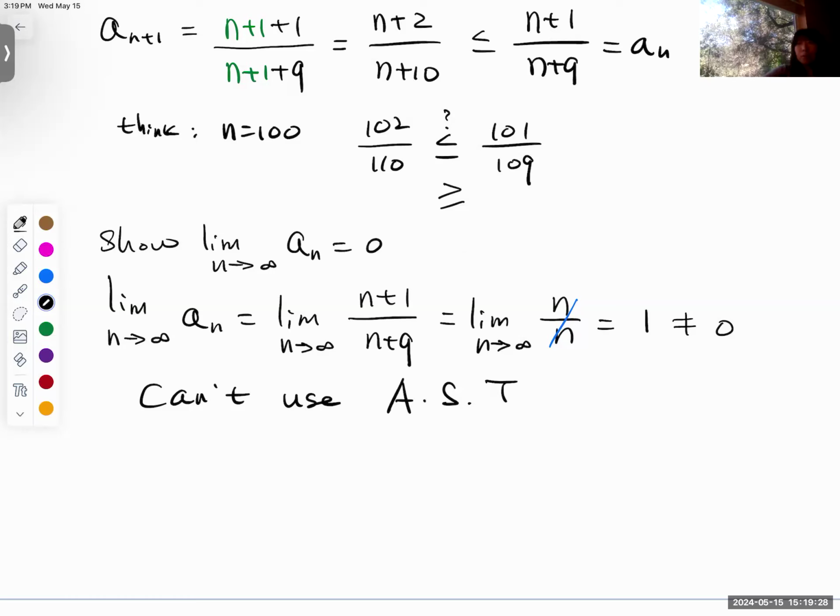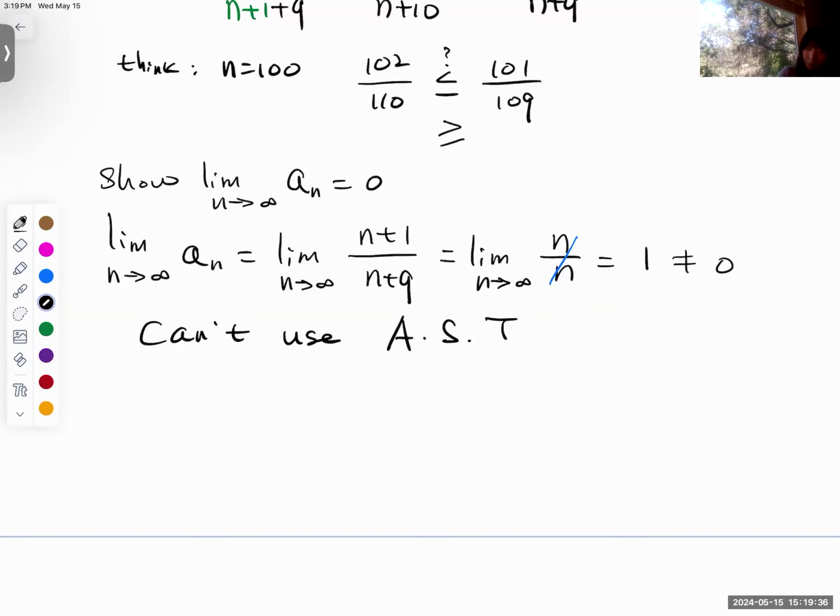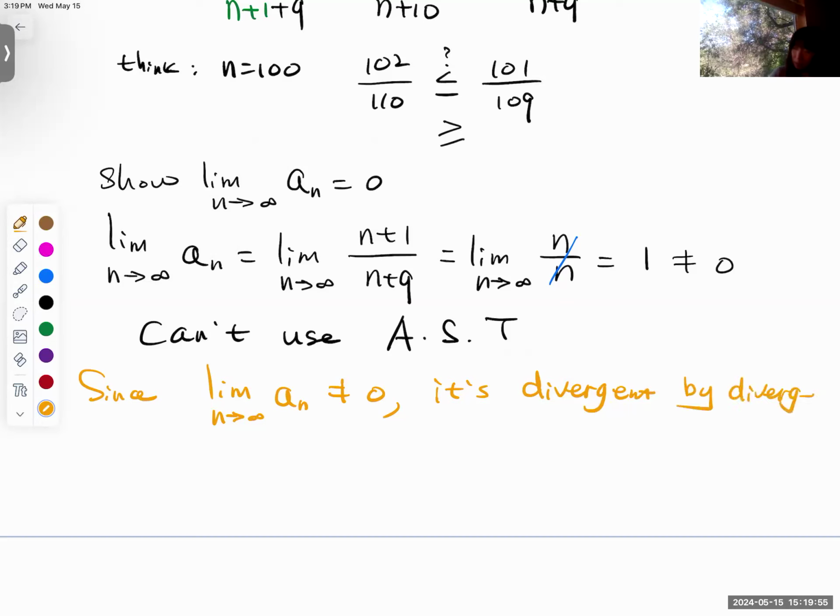Okay, since the limit is not equal to 0, it's divergent by the divergence test.